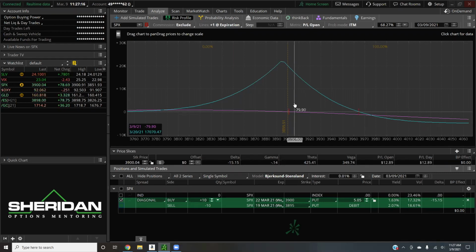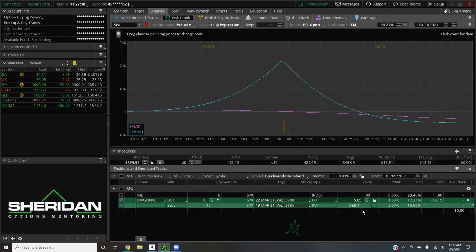Somewhere around the money is what we're doing, although we'll be talking about why you would not do around the money. That'll all be part of the course also. But this is the basic one, right around the money, buying the 3,900, and then you sell a put right below it. So the long that you own is of course in the money before the short that you sold.